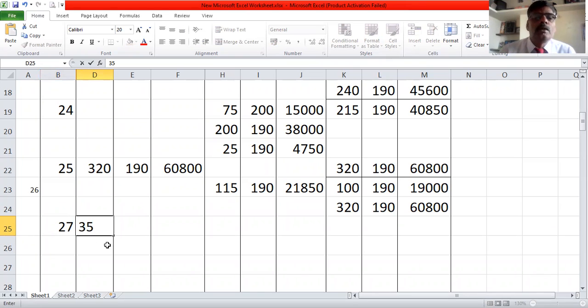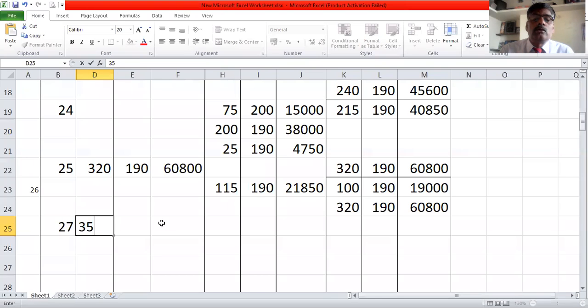For this 35 tons, you have to take the specific issue rate if it is given in the problem. But a specific issue rate is not given in the problem. Therefore, you have to take the recent issue price, which means the last rate. Last issued rate is 190.